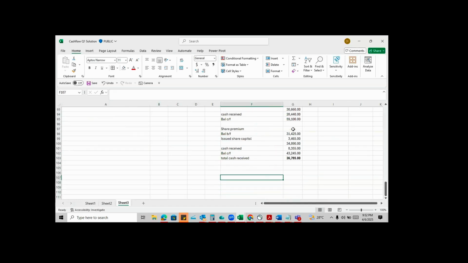Okay, let's see number 15, which is the last one, I guess. Let's look at their retained earnings. Now, balance brought forward was an amount, how much?